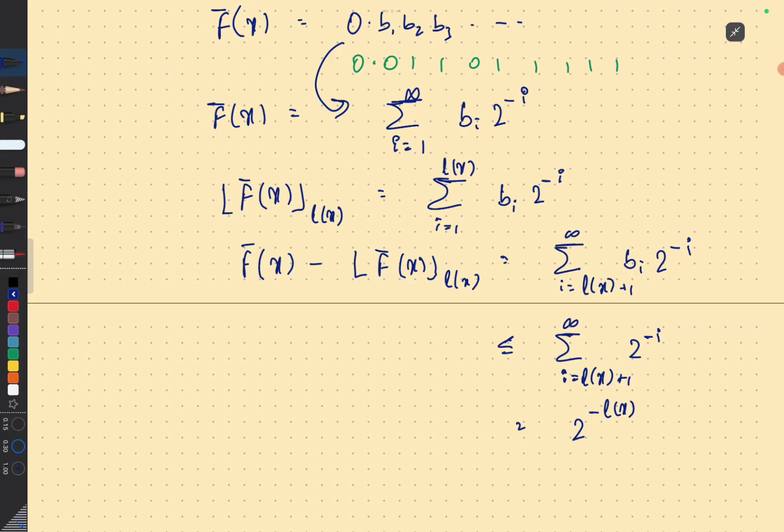Okay. Let's look at the binary. Let's try to write a function to compute the binary representation of any number.